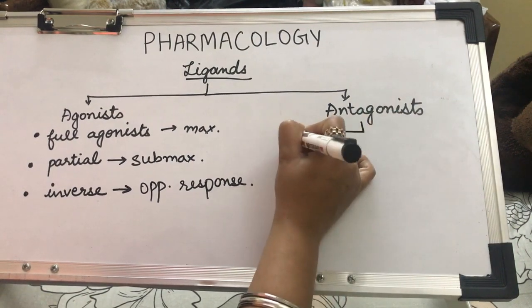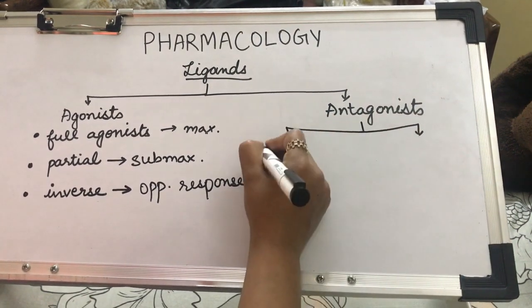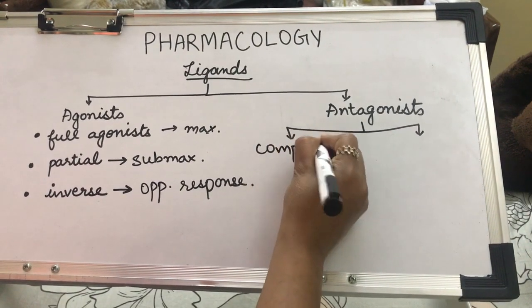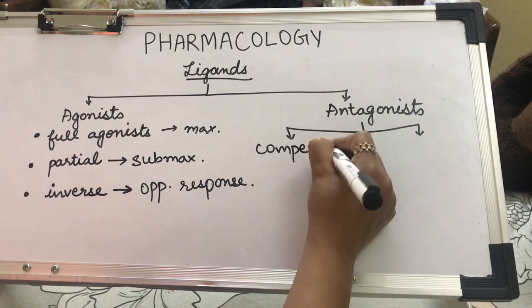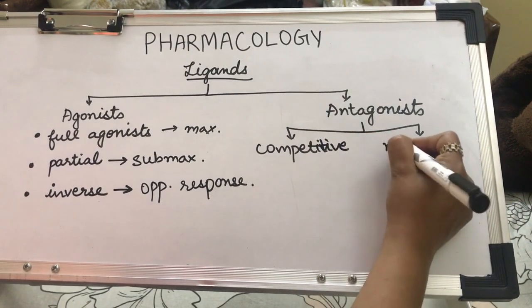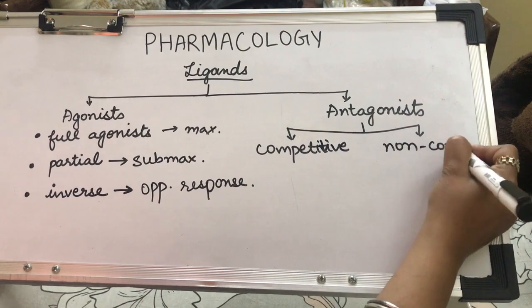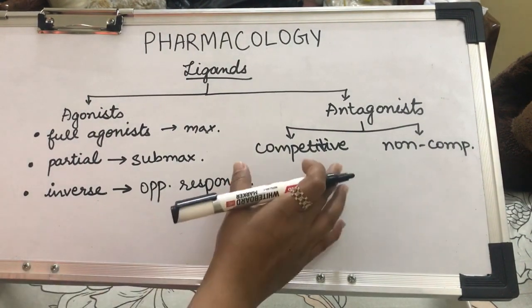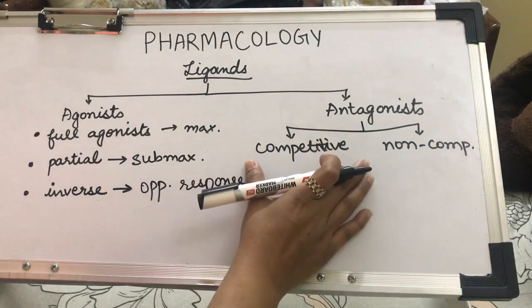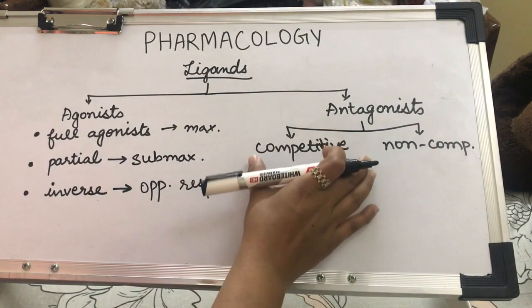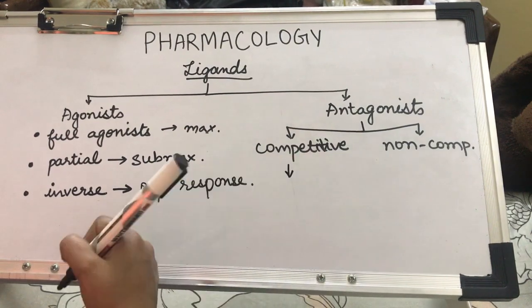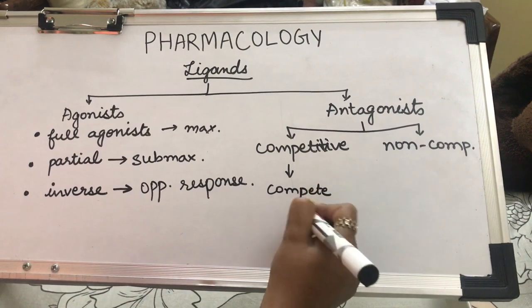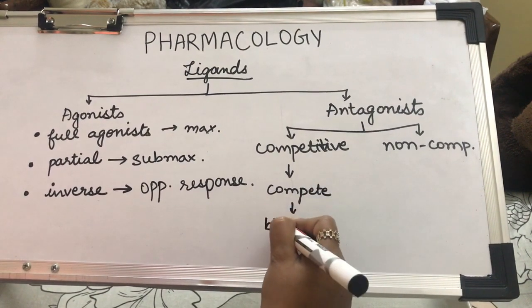Further, they are of two types: competitive antagonists and non-competitive antagonists. In competitive antagonists, as the name indicates, these are going to compete. And compete for what? For the binding site.